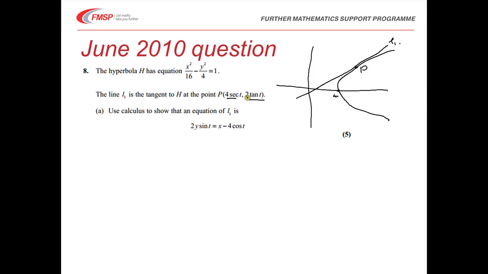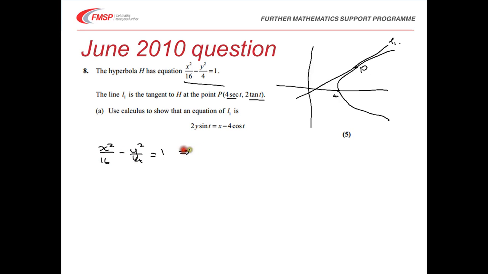You could differentiate the parameterization and use the chain rule to get a value for dy by dx. I'm going to differentiate this expression here, so taking the standard Cartesian form of this hyperbola, I'm just going to differentiate the left hand side with respect to x and the right hand side with respect to x.